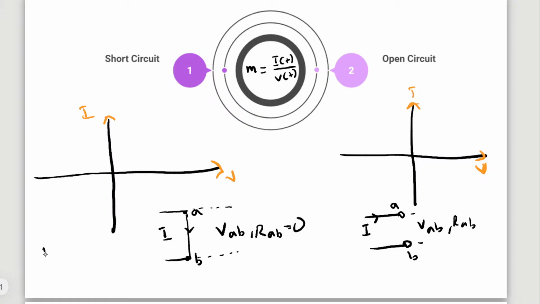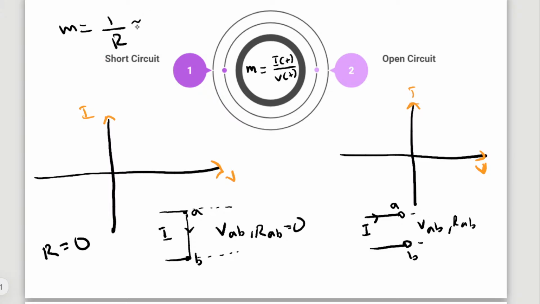In case of short circuit, the resistance value is 0. Resistance value 0 means what? We have the equation for m as 1 by R. So when we substitute R equal to 0 here, I get m as infinity.